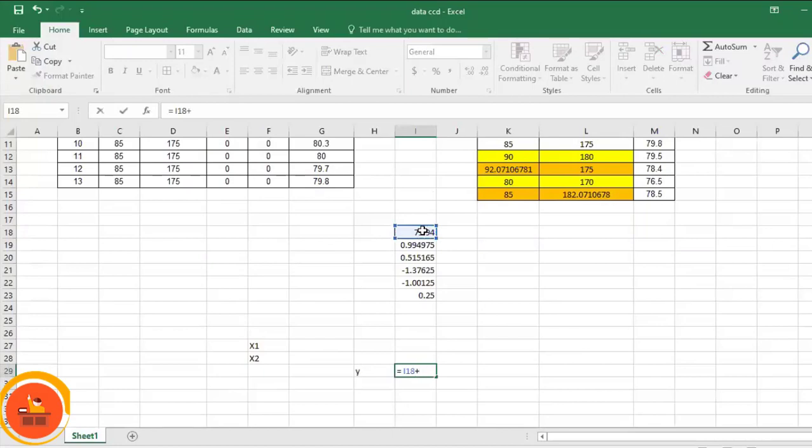Coefficient plus this into x1. Here I will enter the x1 because this is usual for prediction, no?